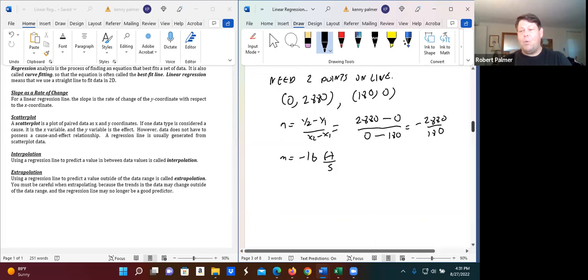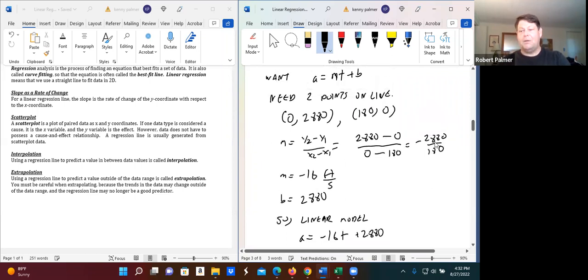Now, what about our y-intercept, our b? Actually, we know that. When x is 0, that's our y-intercept. So b is 2,880. So our linear model, or linear regression line, the equation we're going to use to predict the height for a given time, is a, our altitude, equals negative 16 times t, our time, plus 2,880.